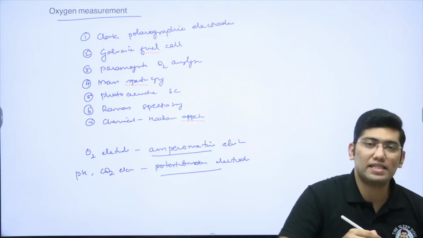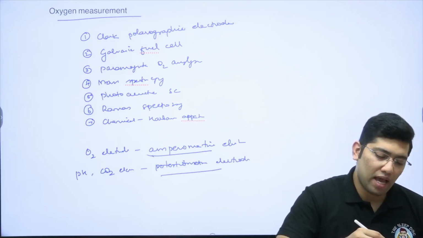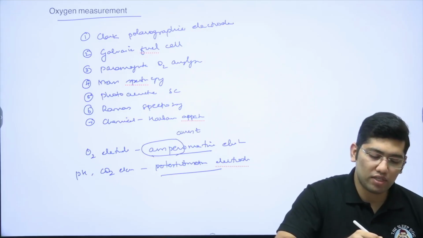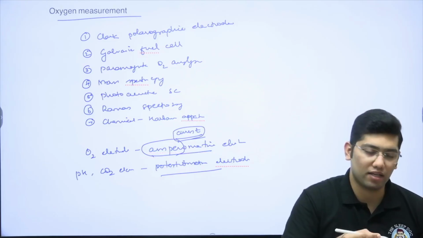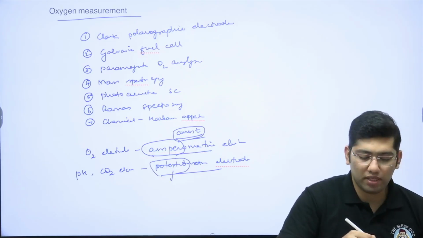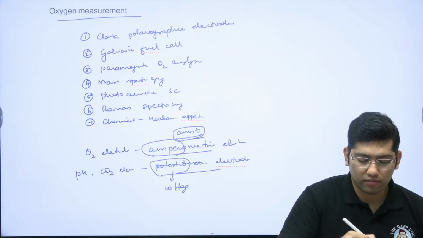So from the name itself, it's very evident. Amperometric means current producing or using current, and potentiometric means voltage.